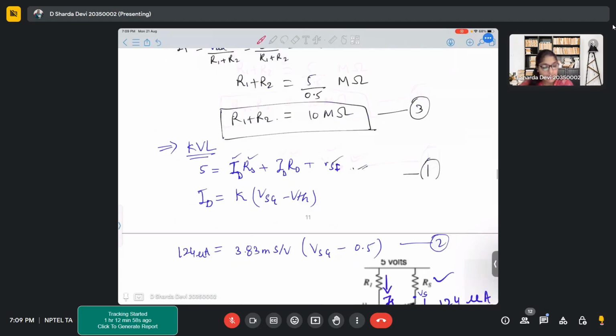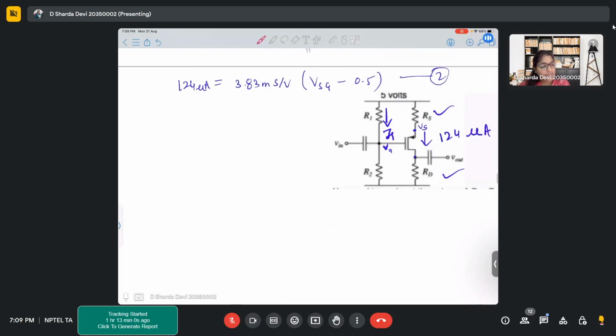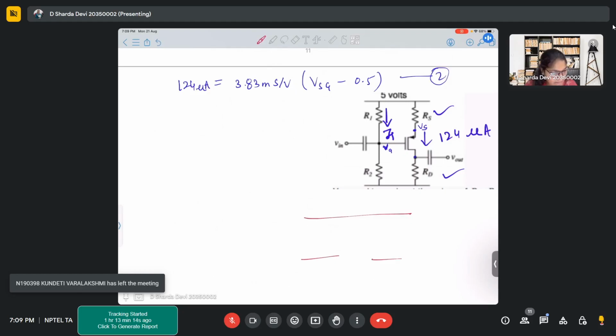Now let's quickly calculate the gain for this particular circuit. Since it is a circuit with both RS and RD, let's quickly draw its small signal model: source, gate, drain.